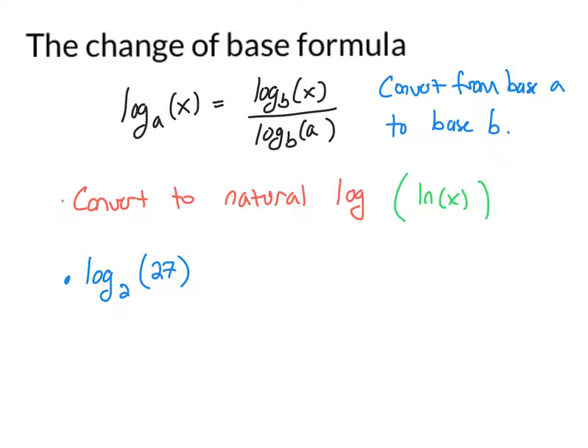So I'm converting from base 2 into base e, which is the base of our natural log. So this a is 2, and my x is 27, and my b is going to be the base of the natural log, which is e. So instead of writing log base b here, I'm going to write ln for my natural log.